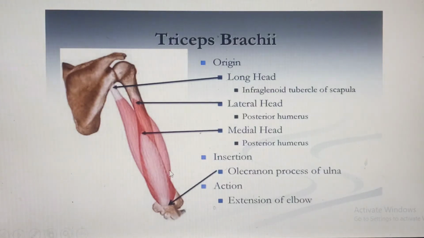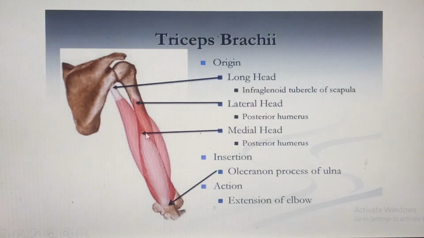Now, this muscle, because the muscle of the posterior compartment of the arm is supplied by the radial nerve, that is why the radial nerve will have to go through it. The long head is supplied in the axilla by the radial nerve, alongside the medial head of triceps brachii muscle. Then in the spiral groove, which I'm going to show you, the radial nerve will supply the lateral head together with the medial head again.